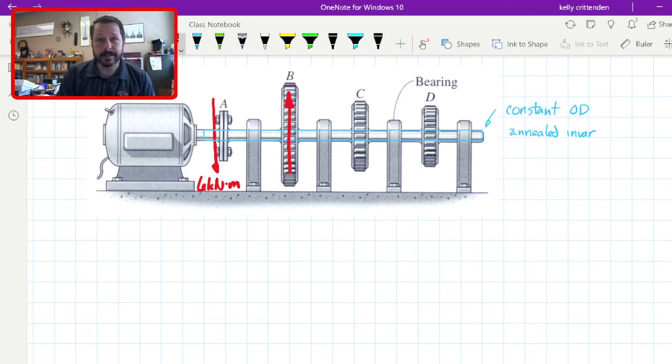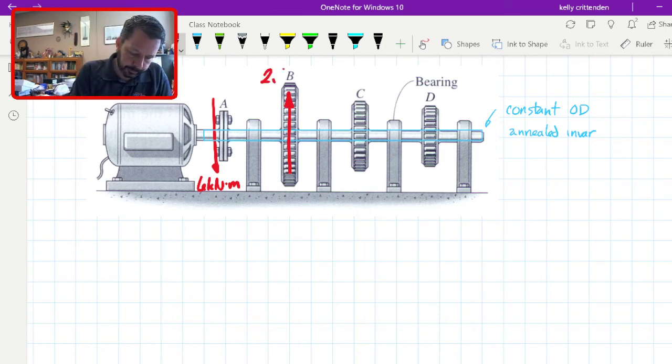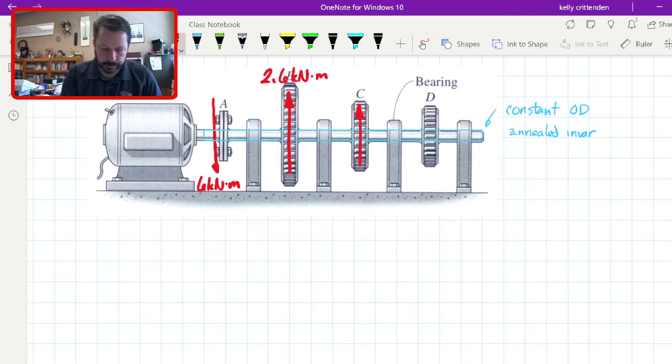Whatever is connected to the big gear B requires 2.6 kilonewton meters of torque. Whatever is connected to C requires 1.3, and whatever is connected to D, 2.1.